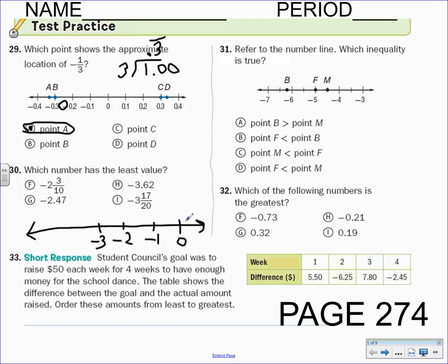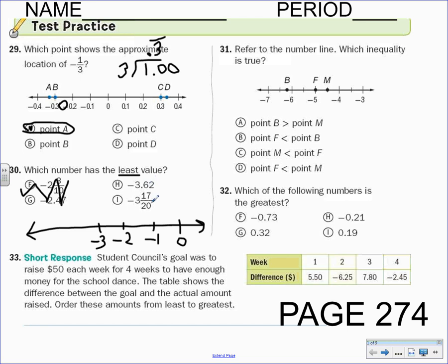Just like if you keep going in that direction, 2 is bigger than 1, 3 is bigger than 2. The further right you go, the bigger they get. So they're looking for the least value, which in negatives means the biggest number. So it's not one of these, because those are 2's. It's got to be one of these.